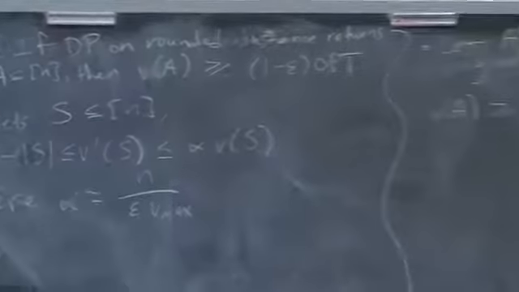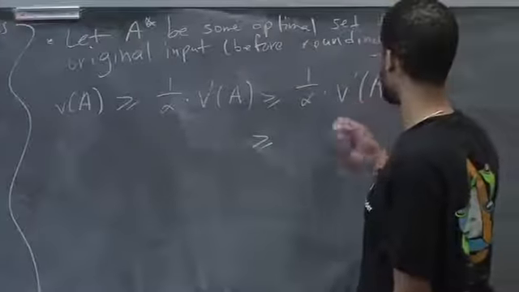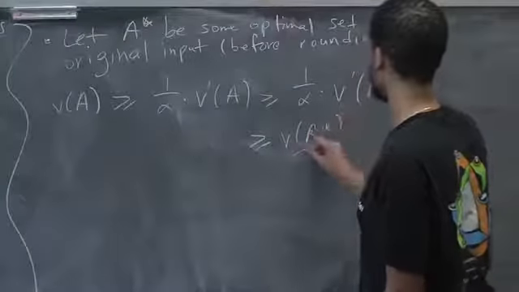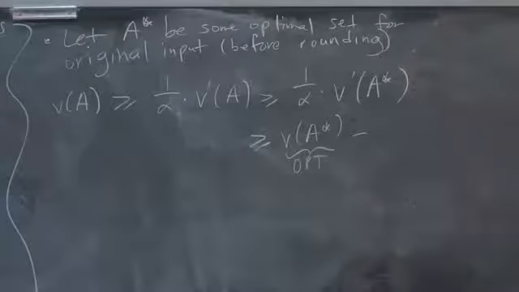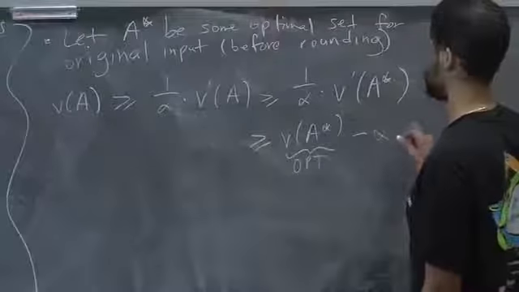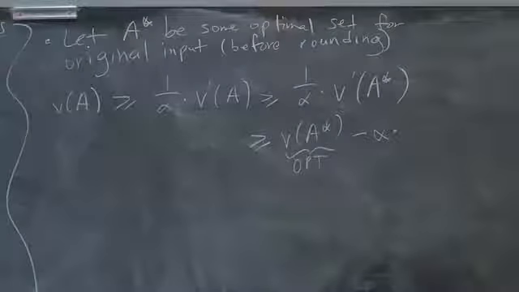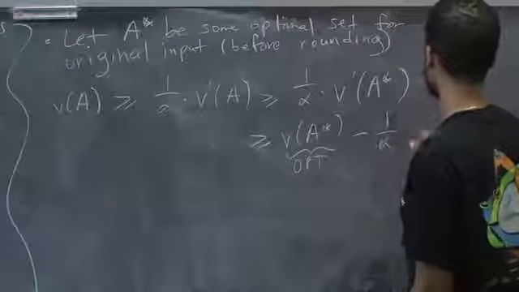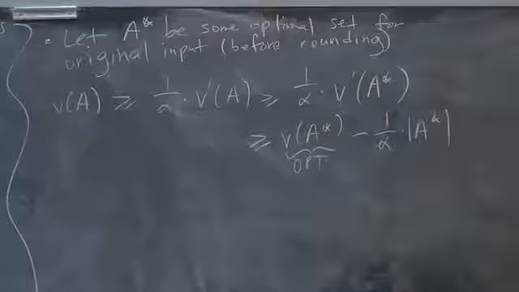So this is at least alpha times opt, minus, or 1 over alpha, sorry, times the size of A star.